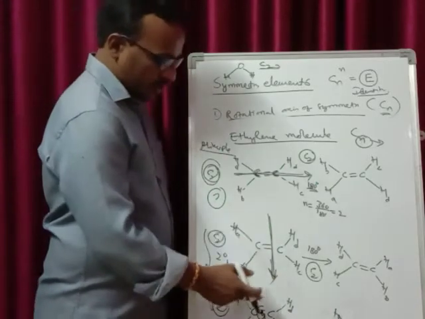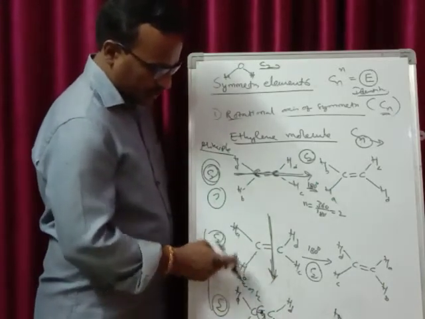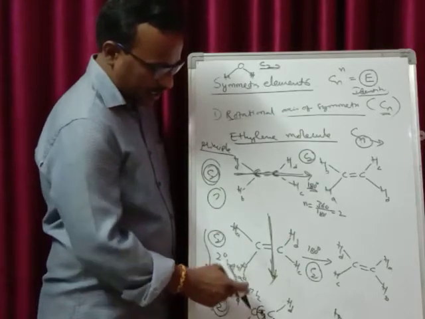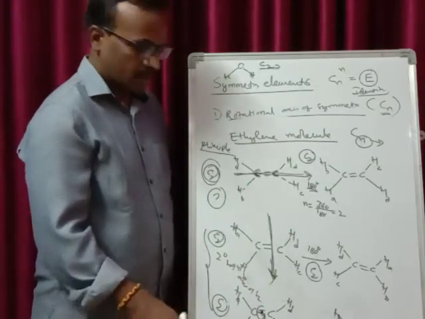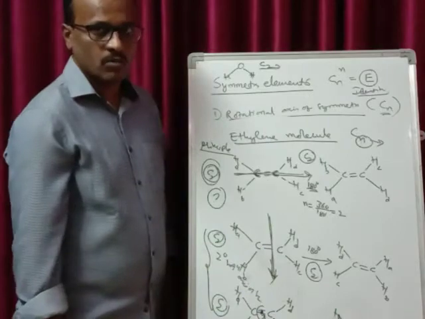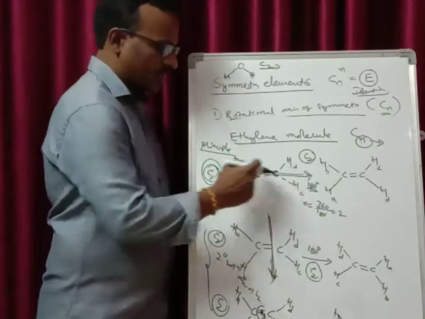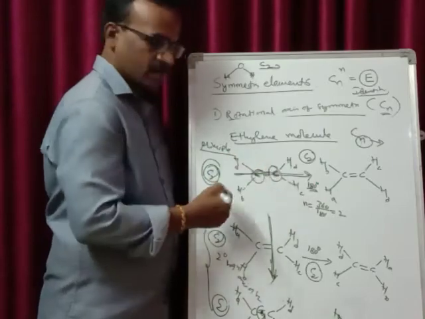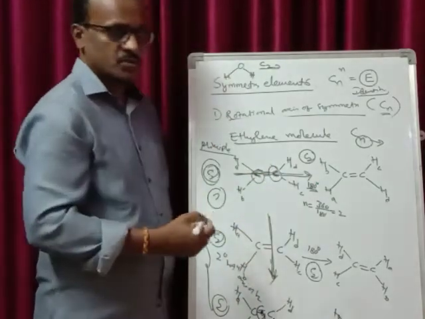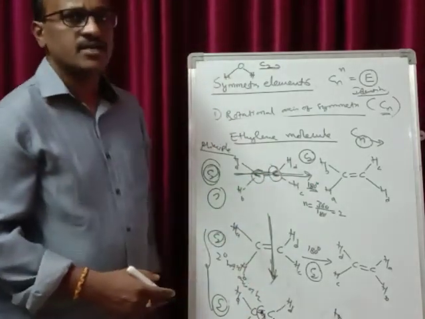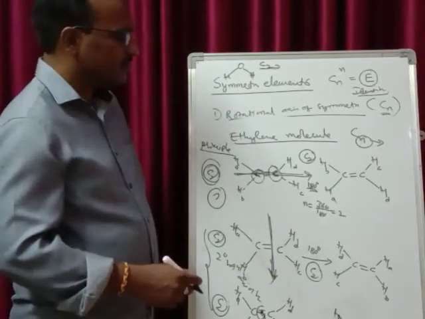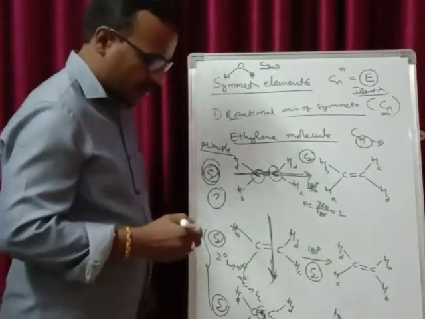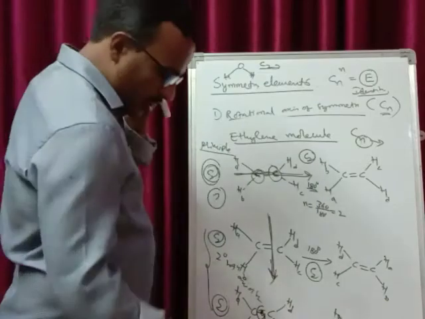But along these two axes, the axis is not touching any atom. The number of atoms along these axes is almost 0. But when the axis is passing along this axis, it is touching a maximum of 2 carbon atoms. Therefore, this is considered the principal, and the rest are considered the secondary rotational axes of symmetry. So this is the example of the ethylene molecule.